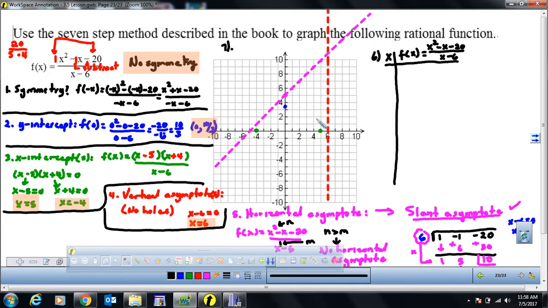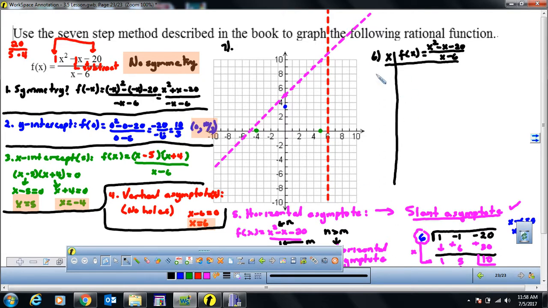Between the x-intercepts, you see that we already have that one. If you want, you can do more, but it is not actually needed because I already have at least one point between them. Now, there's a gap between this x-intercept and this vertical asymptote. So I'm going to pick right here between these two, 5.5.